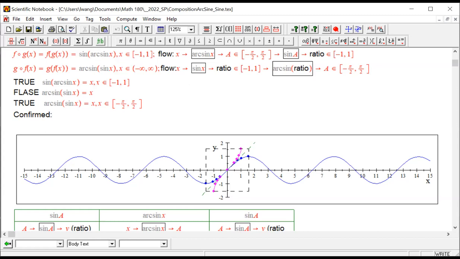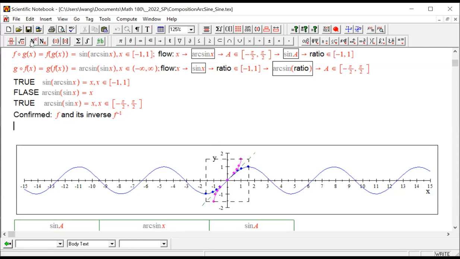In our previous chapters, we have talked about this: if we have f and its inverse, f inverse, with their specified interval of domain and range, right?